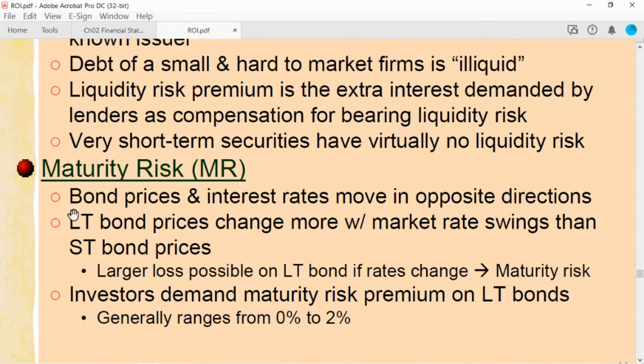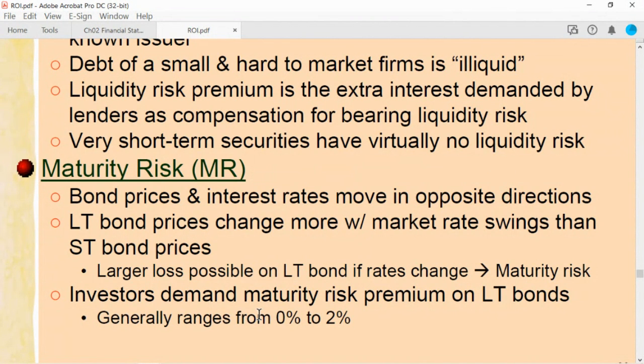We all understand bond prices and interest rates move in opposite directions. I've been telling you, and I've shown you a hypothetical example, a theoretical example. But in reality, that's true.